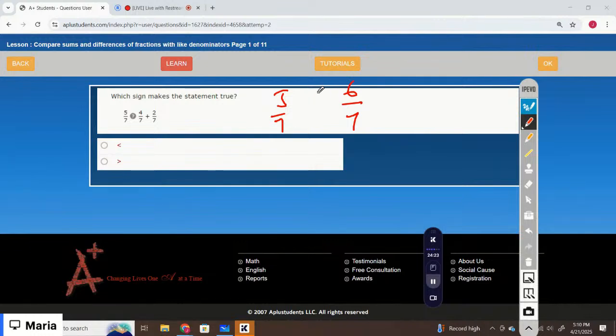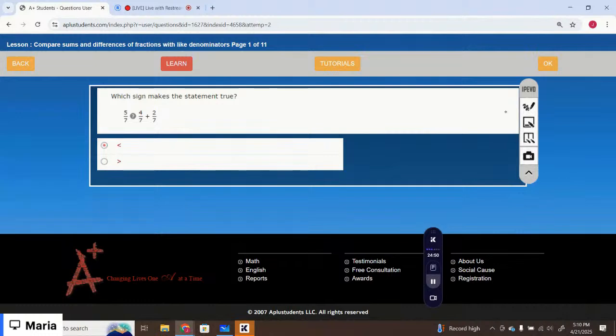Just look at their numerators. 5 is less than 6. So 5 by 7 is less than 6 by 7. Option number 1 is the correct option.